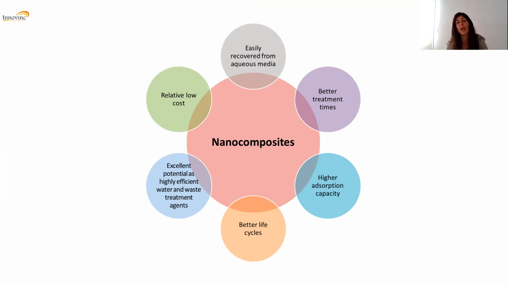In this case, we have easily recoverable materials, and they usually offer better treatment times, higher absorption capacity, and better life cycles because they can be easily removed and reused. Nanocomposites usually have excellent potential as highly efficient water and waste treatment agents. And of course, we can tune the materials in order to have relatively low-cost preparation procedures.